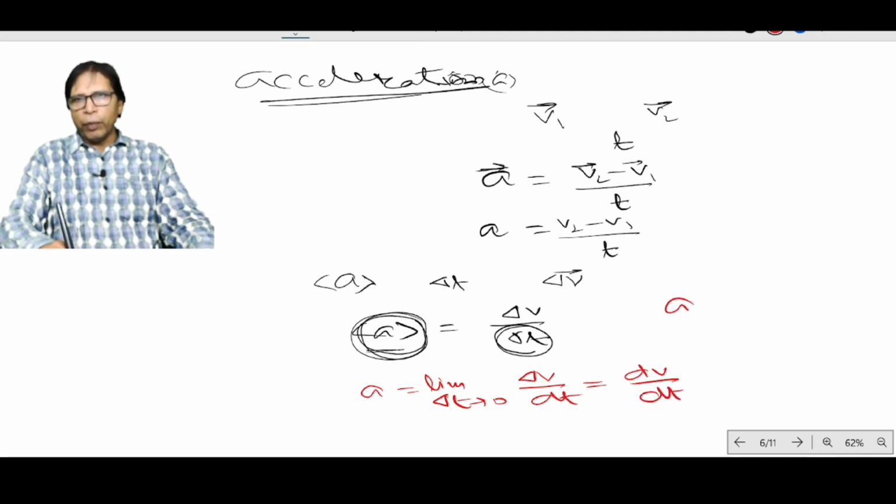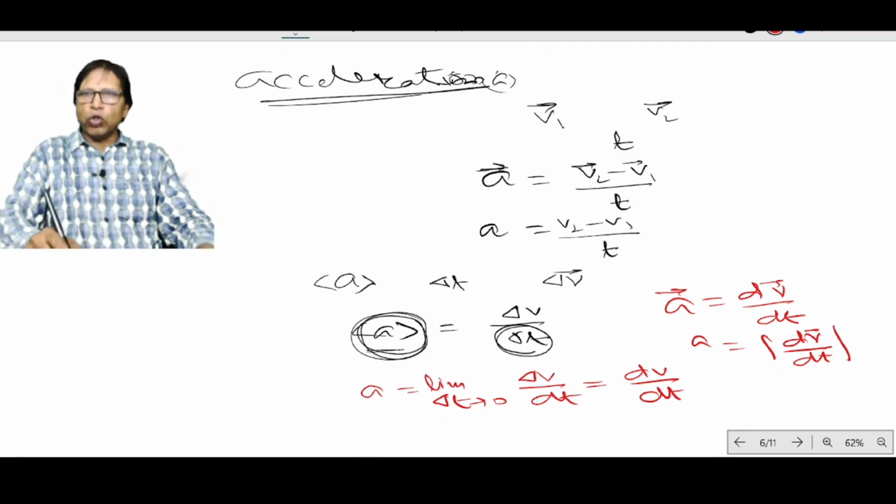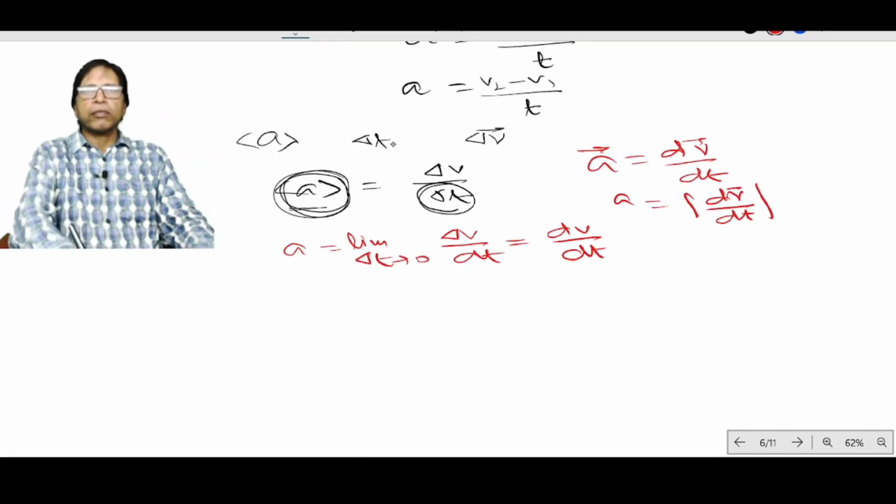In vector form, a vector equals dv vector by dt. Now a equals modulus of dv vector by dt, so this is the magnitude of total acceleration.